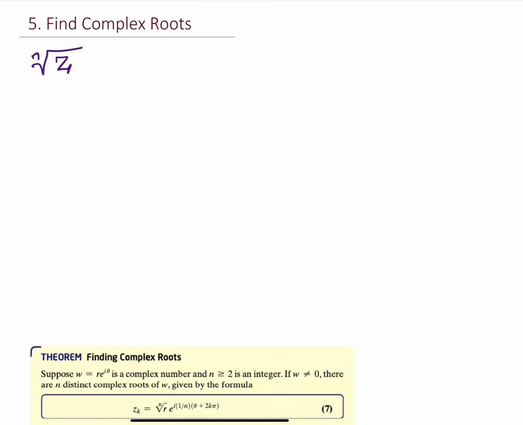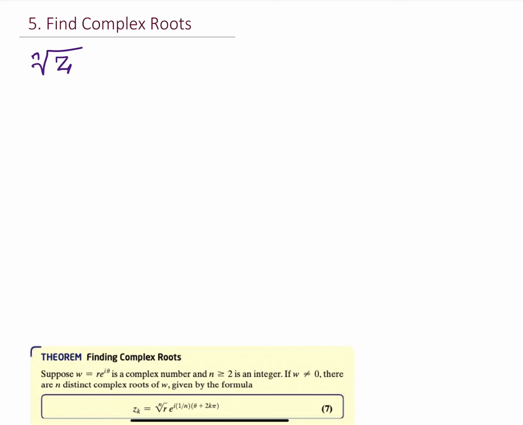Well, remember, we can express a root using a fractional exponent. Like the square root of x, we can write that as x to the 1/2 power. In general, the nth root of x would be x to the 1 over n power.